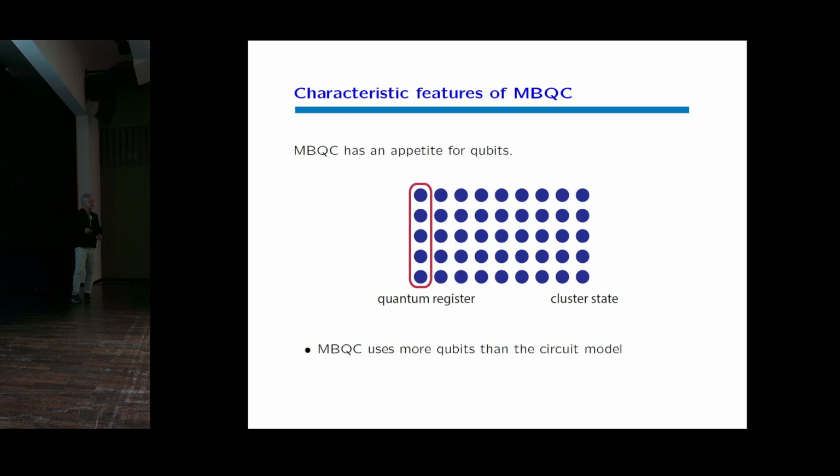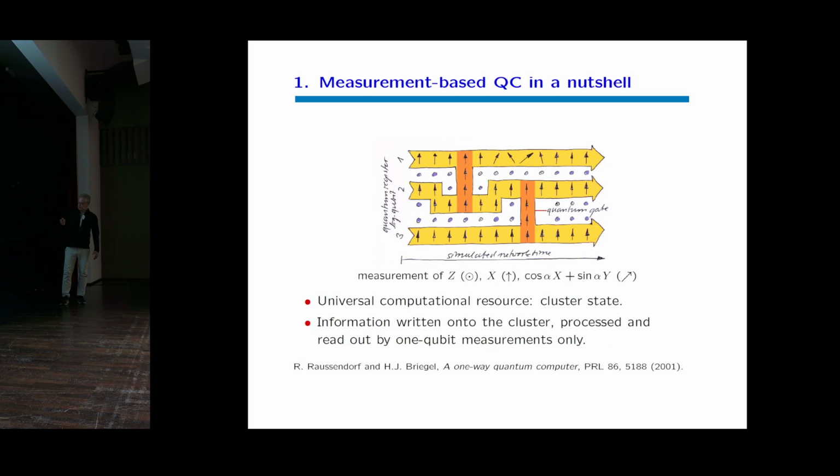Okay, good. So let me just tell you a few characteristics of the computational scheme. So first thing, and that was also already alluded to by Sophia, measurement-based quantum computation has an appetite for qubits. Yeah? So you use more qubits than you would in the circuit model. And that comes precisely from that picture here.